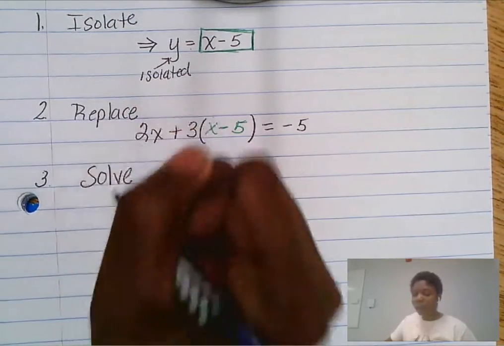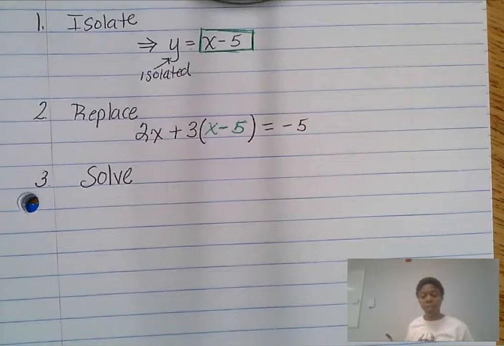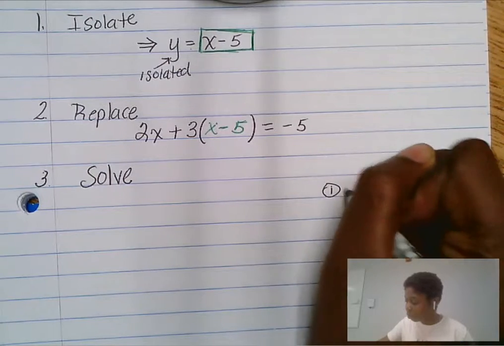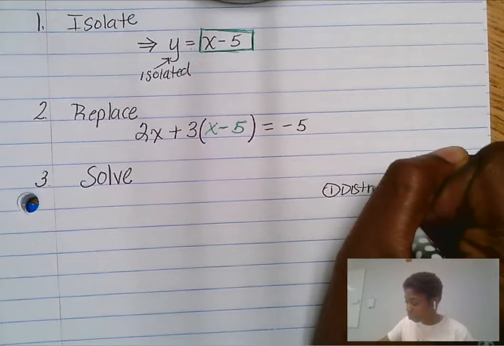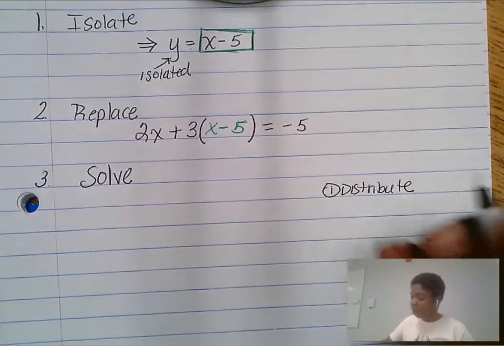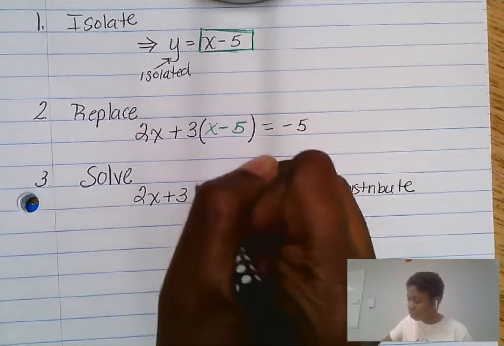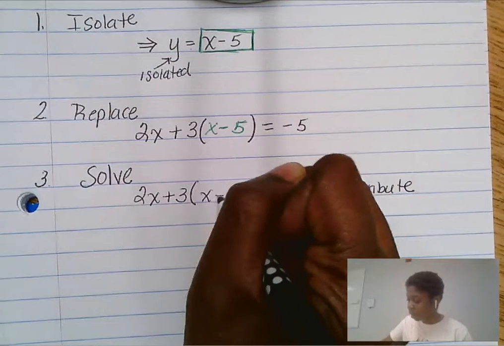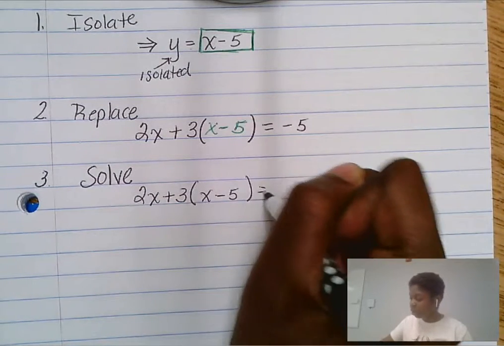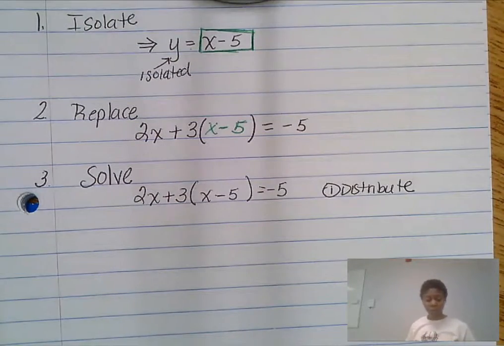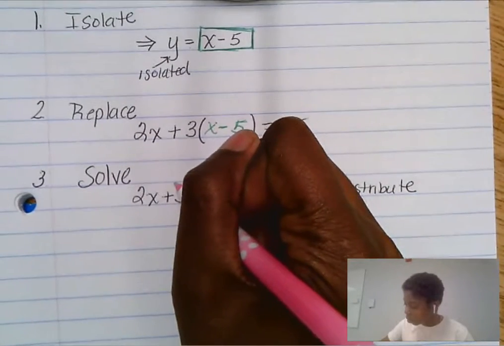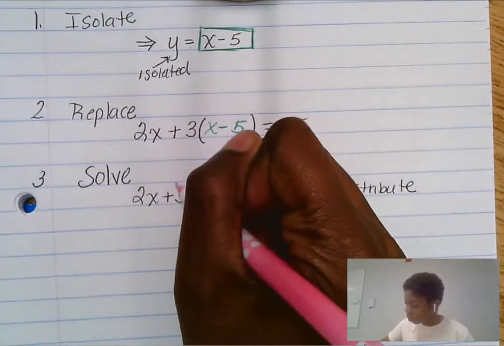Now remember, there are 4 mini steps that we can use to help us solve. So the first step is to distribute. My equation says 2x plus 3 in parentheses x minus 5 equals negative 5. So our first distribution step is going to be here with our 3 times x minus 5.